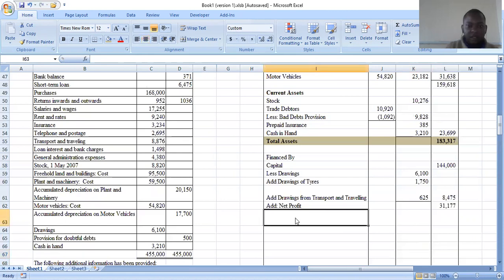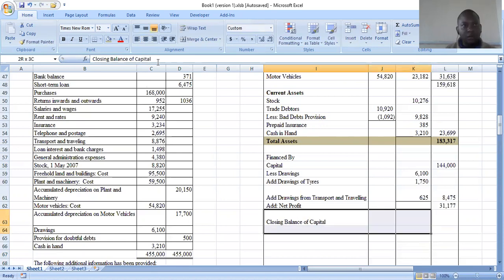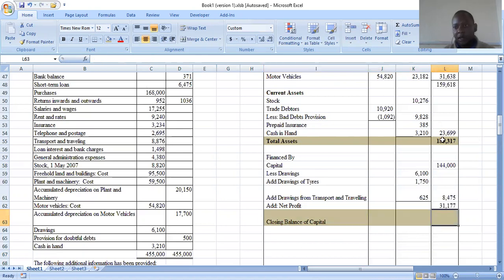So the closing balance of capital is equal to capital itself plus drawings of 8475 plus the net profit, 183,652.